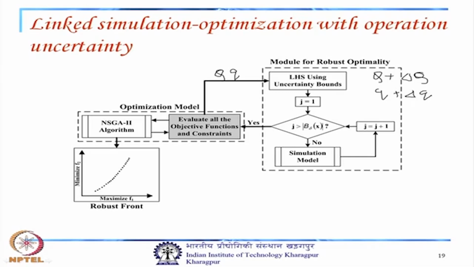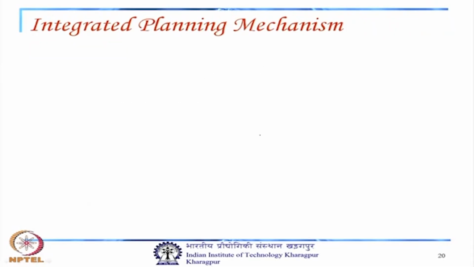So, with these combinations we can run the model and we can get the average objective function value and standard deviation that we can utilize here, and we can get some kind of C bar with some standard deviation. C bar means some mean value for the concentration. We can pass it and we can get a robust optimal solution for the management problem.